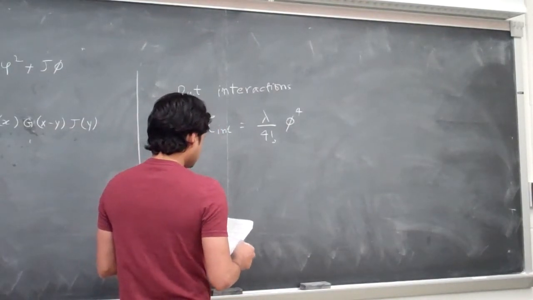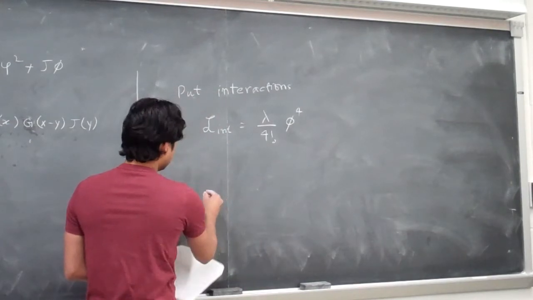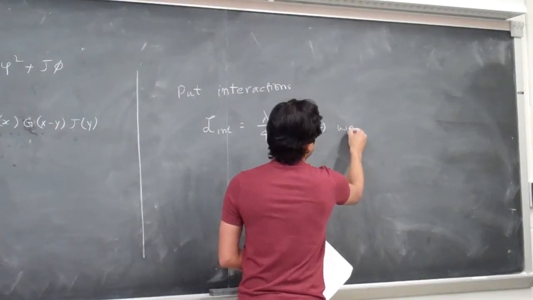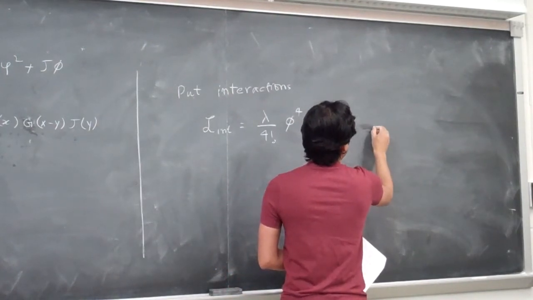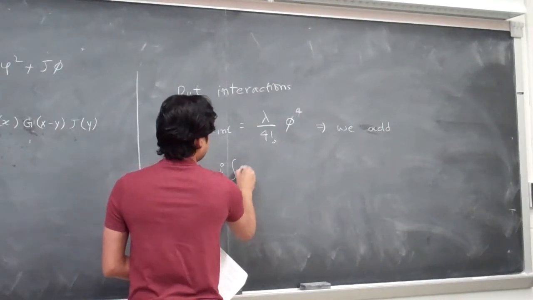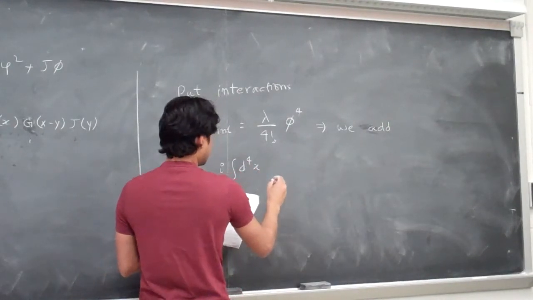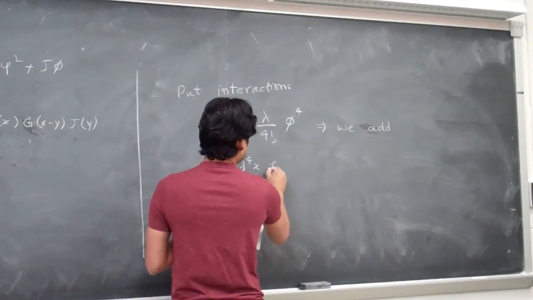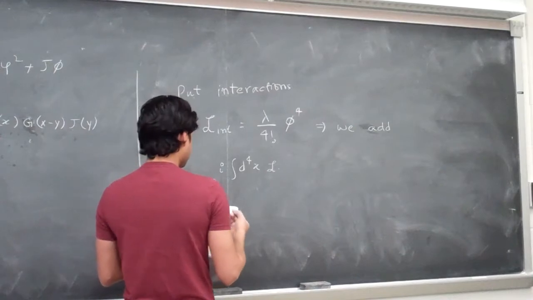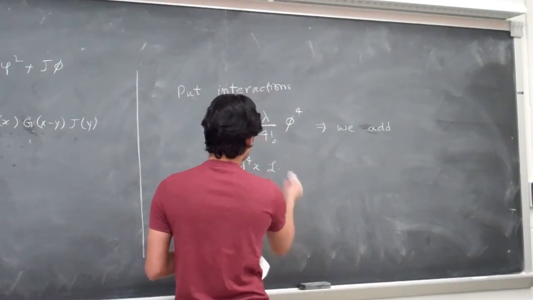So the way you do it is, this contributes the following, right? This implies we add e to the i integral d4x L. The way you're supposed to make sense of this is you have to expand.